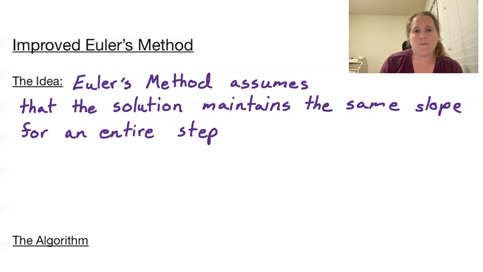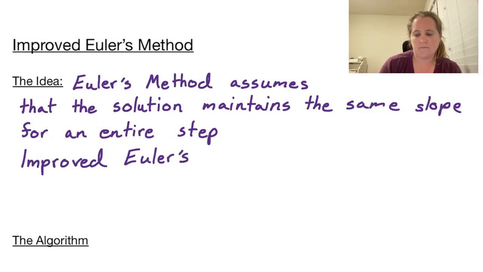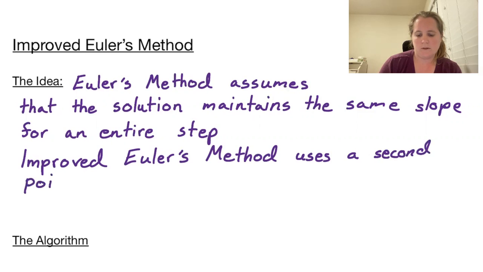So improved Euler's method uses a second point and the slope there and sort of averages the two slopes. So improved Euler's method uses a second point to find a second slope.